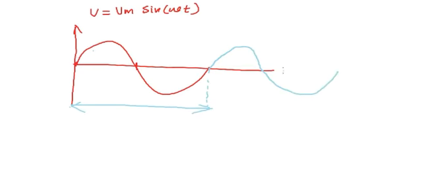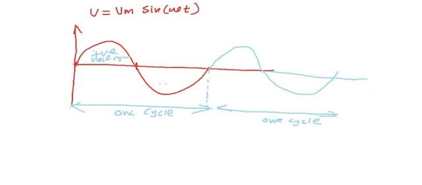This is one cycle. This is another cycle. This is another cycle, and this is called positive half cycle, and this is called negative half cycle. And this, as we already discussed, is the positive peak, and this is the negative peak of the alternating voltage.